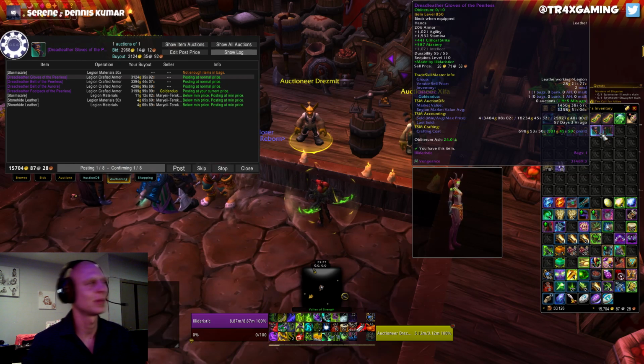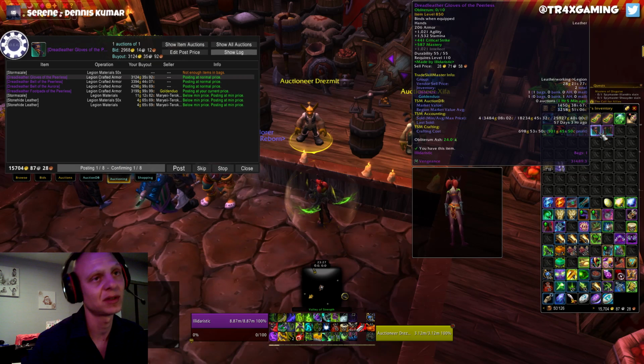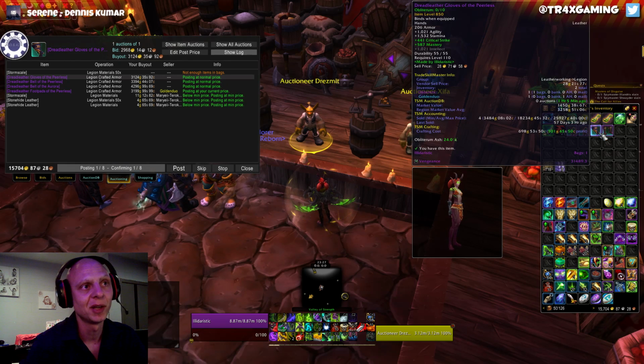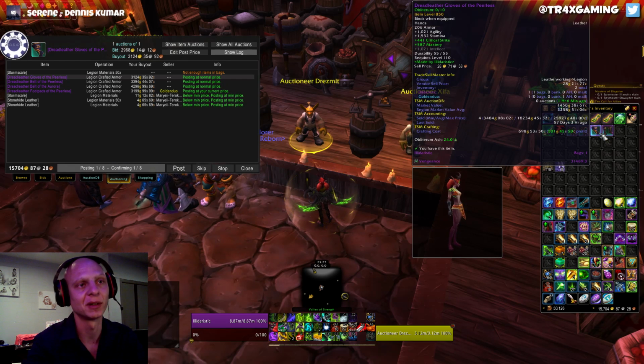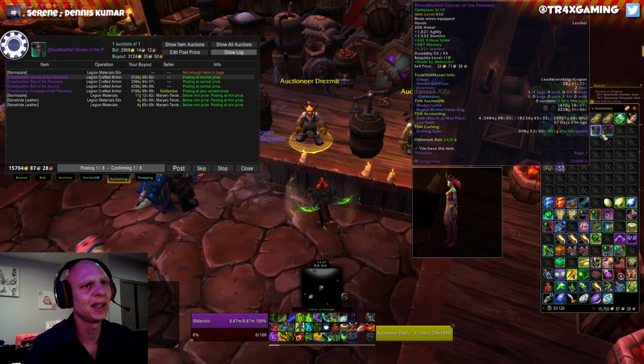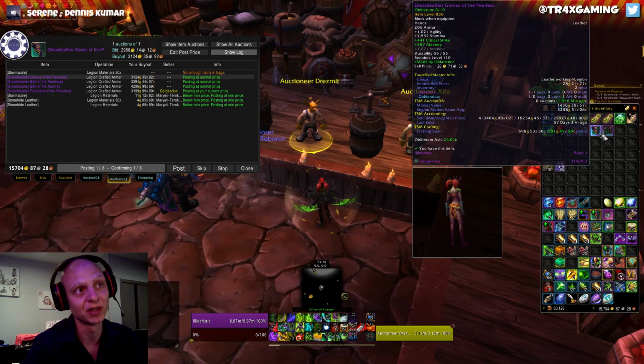Market value is 1,450. So it's going to list them for 3,124, because, sorry, I think it was an average between market value and DB region market value.